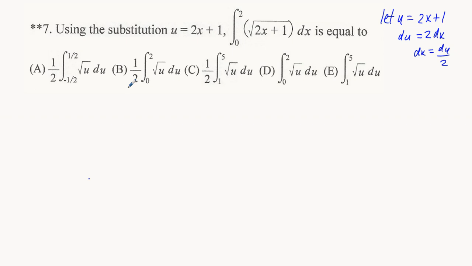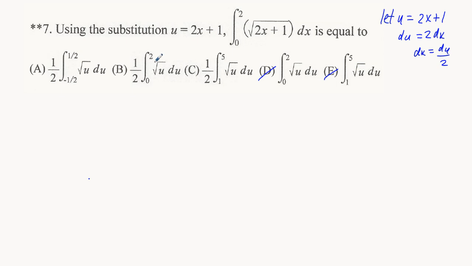That means that of these multiple choice answers, the only possibilities are ones where we have the fraction 1/2 involved, which are answer choices A, B, and C. So answer choices D and E are eliminated.